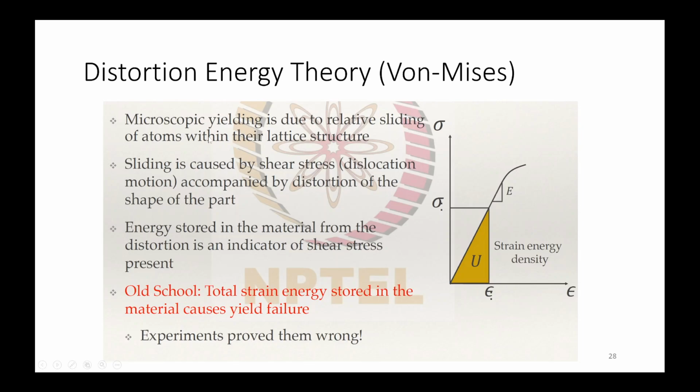This sliding is caused by shear stress, dislocation motion accompanied by distortion of the shape of the part. The energy stored in the material from the distortion is an indicator of the shear stress present. Previously, as we used to study, the total strain energy stored in the material causes yield failure. But experiments have shown that this is wrong.